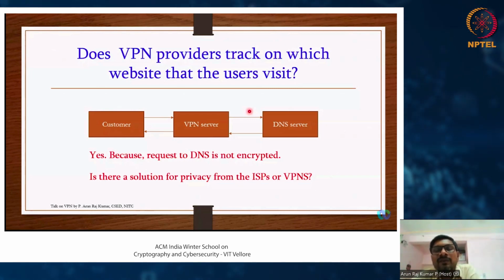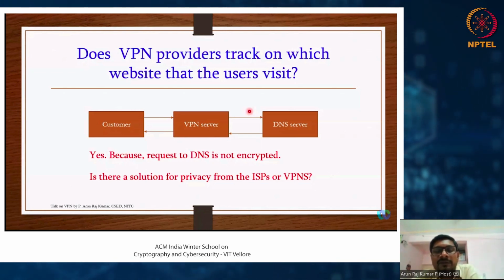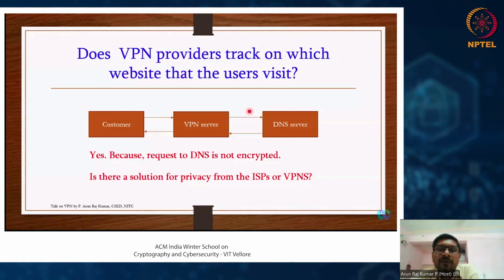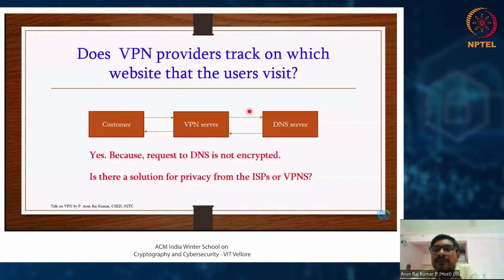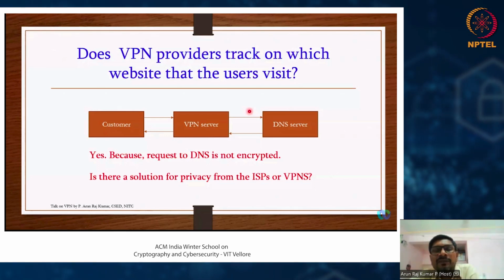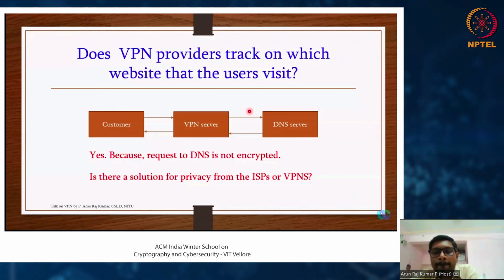They are afraid of ISPs, also the VPN providers and everyone, whether they are selling their information or taking it and putting it somewhere. Do we have a solution for privacy from ISPs or VPNs? Any answers?